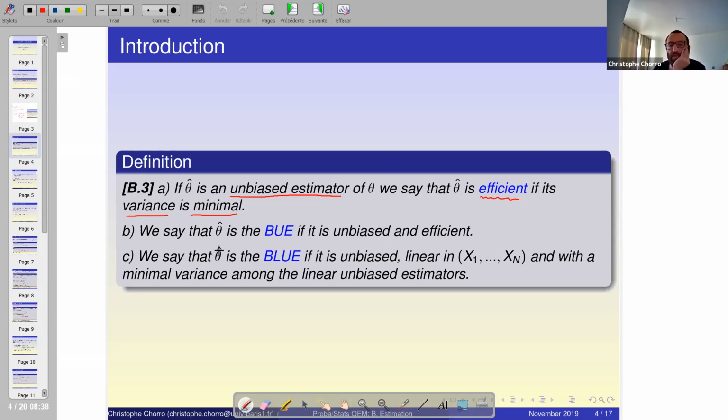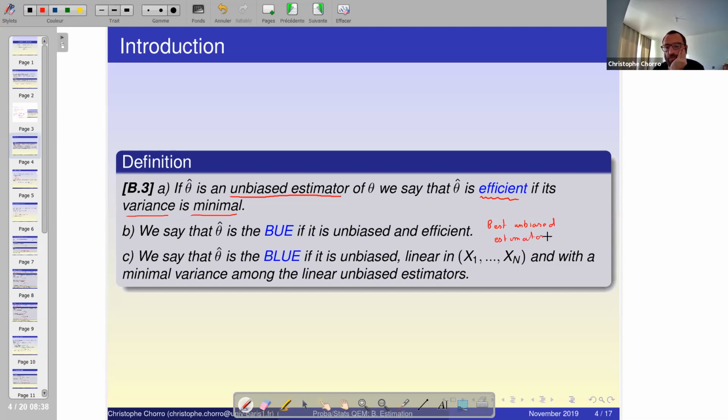So we say that theta hat is BUE, B-U-E, if it is unbiased and efficient, okay? So BU means best unbiased estimator.